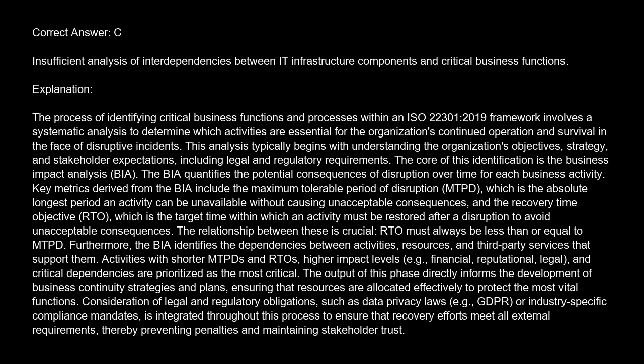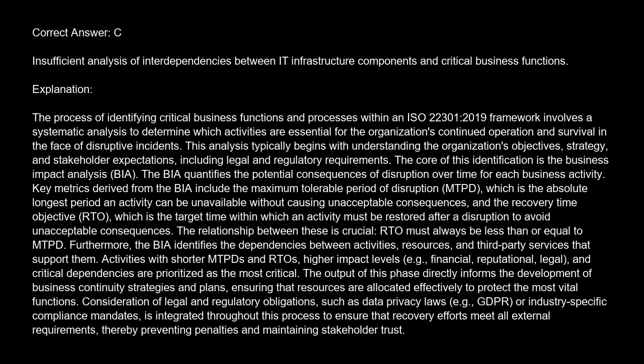Furthermore, the BIA identifies the dependencies between activities, resources, and third-party services that support them. Activities with shorter MTPD and RTOs, higher impact levels, e.g. financial, reputational, legal, and critical dependencies are prioritized as the most critical. The output of this phase directly informs the development of business continuity strategies and plans, ensuring that resources are allocated effectively to protect the most vital functions.